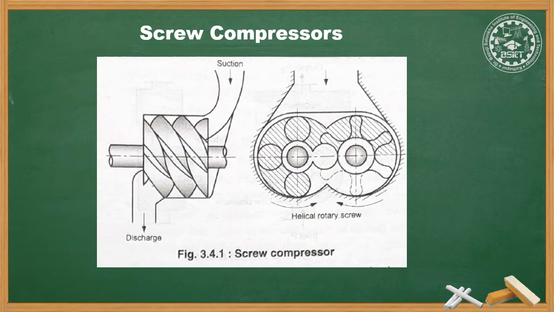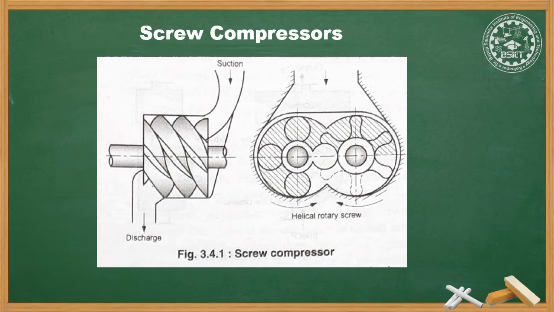Due to continuous rotation of rotor, interlobe space increases, that is, the space between the screw increases, and the gas flows continuously inside the compressor just before the point at which the interlobe space leaves the inlet port. The entire length of interlobe space is completely filled with gas.